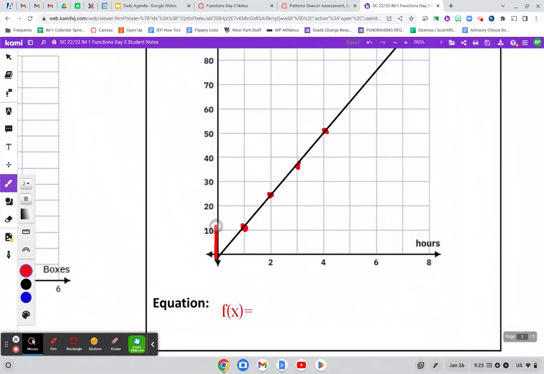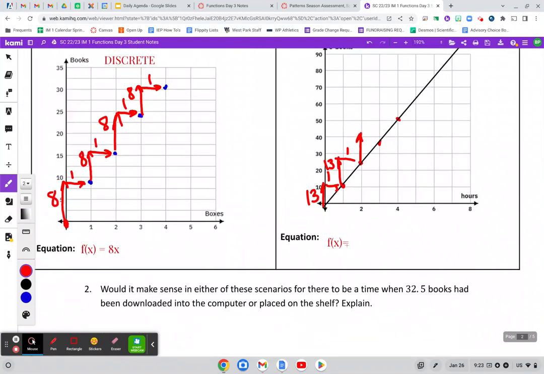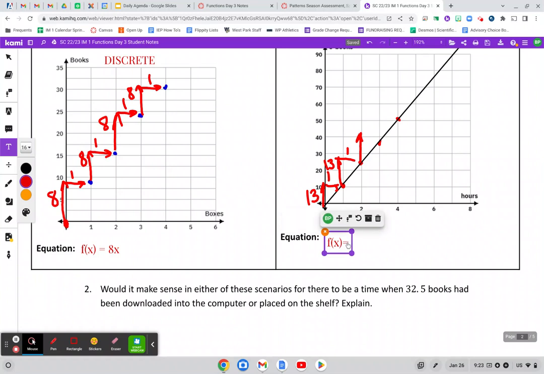It looks like we are rising 13 and running 1, rising 13 and running 1, and so on. So we have a slope of 13 over 1, or just 13. Remember, we don't need to put the over 1. So f of x is equal to 13x plus the 0th term, and the 0th term is just 0. So you can literally just put 13x.